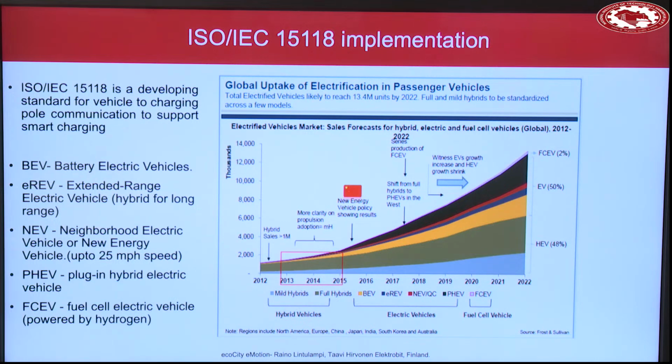But then you have FCEV, fuel cell electric vehicles. There is also the concept of whether we can run them on hydrogen. I guess the transport minister in India, Mr. Gadkari, also talks about something called methanol.